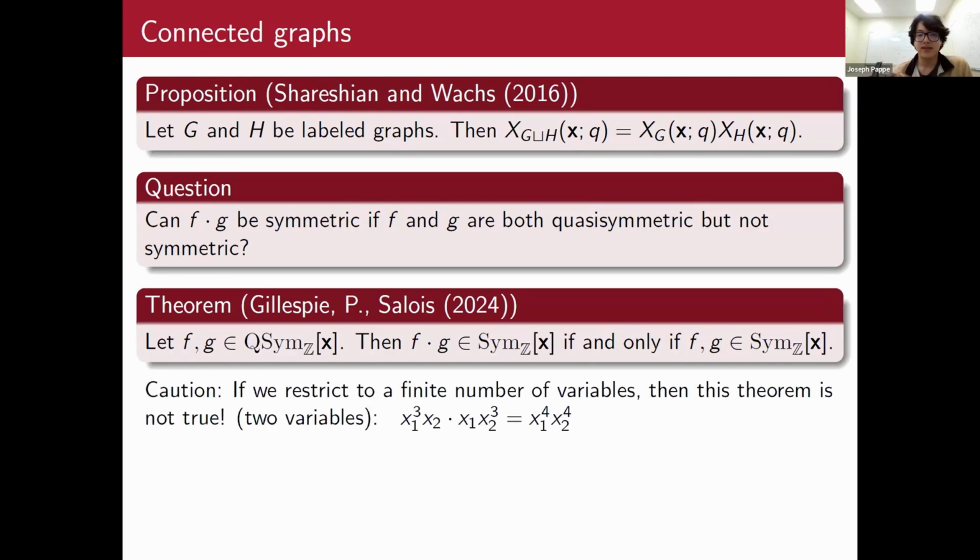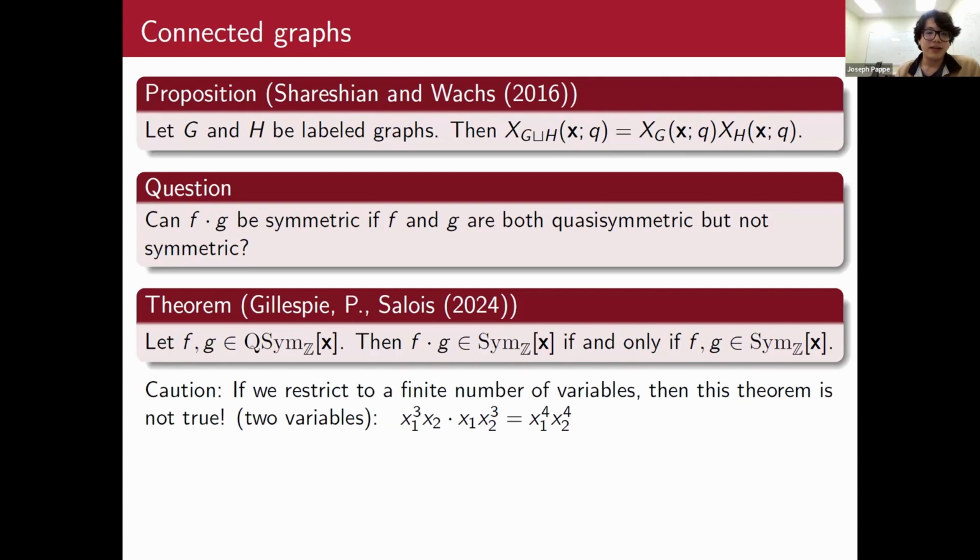I should put a little note here that this is not true if we restrict to a finite number of variables. So there are examples of quasi-symmetric polynomials that are not symmetric, which you can multiply to be a symmetric polynomial. So for instance, x1 cubed x2 times x1 x2 cubed is a symmetric polynomial, x1 to the fourth x2 to the fourth.